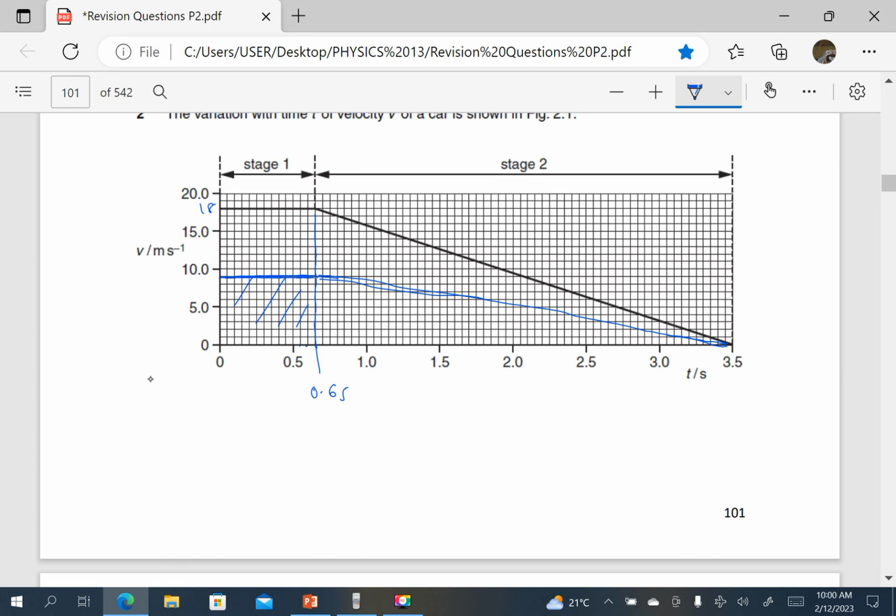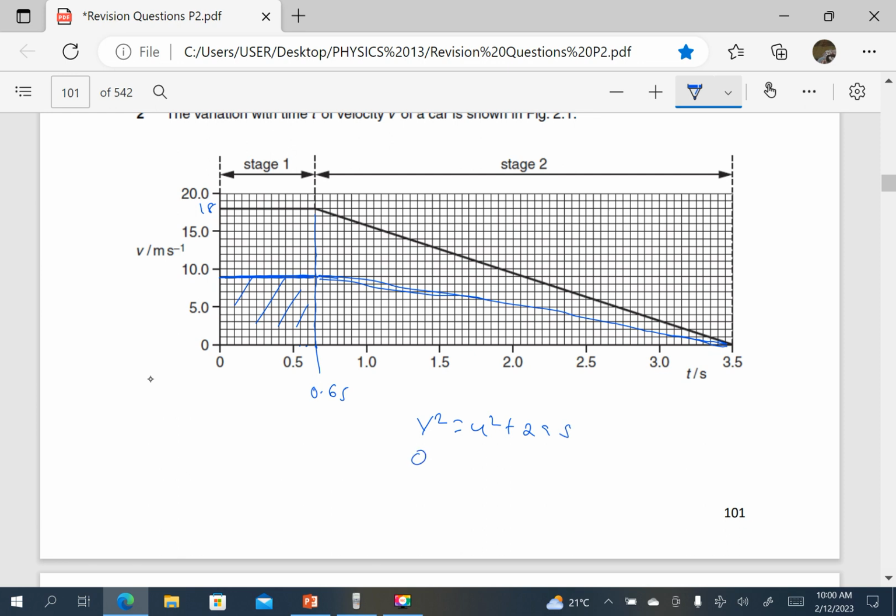Okay, so in stage 2, yes, the acceleration is going to remain the same. And if we consider the equations of motion, for stage 2, if the speed is half, let's use v squared equals u squared plus 2as.